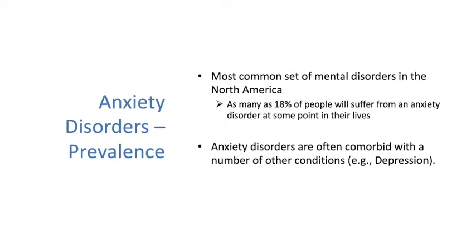In fact, the overlap between them is anywhere from 65% to 75%, meaning anywhere from 65 to 75% of people who have an anxiety condition will have a depressive episode, and vice versa. About 65 to 75% of people with depression will have some kind of an anxiety disorder to go along with that. And we call that comorbidity, when two or more conditions are actually present.